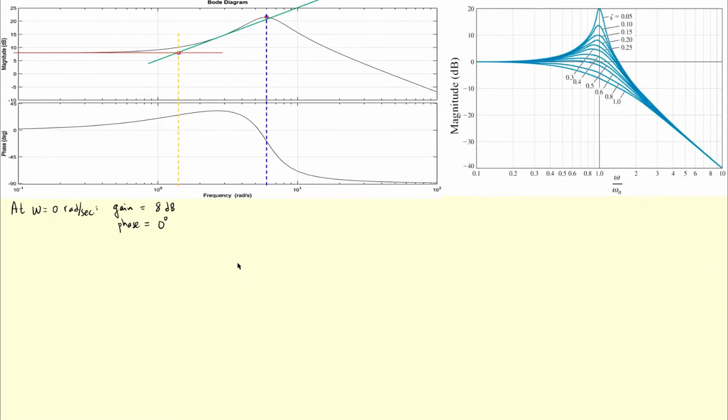So this will actually give me a positive gain because there is no sign inversion. In scalar form, I have a gain of K_DC, which will be 10 to the power 8 divided by 20, again the familiar formula, and this will give you approximately 2.51, but let's use 2.5.